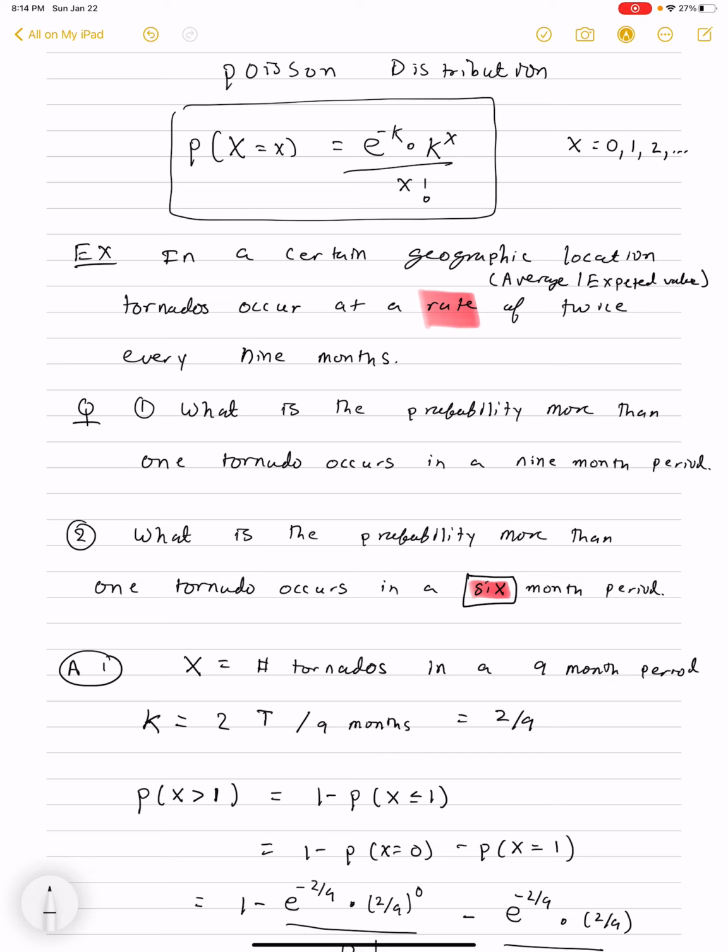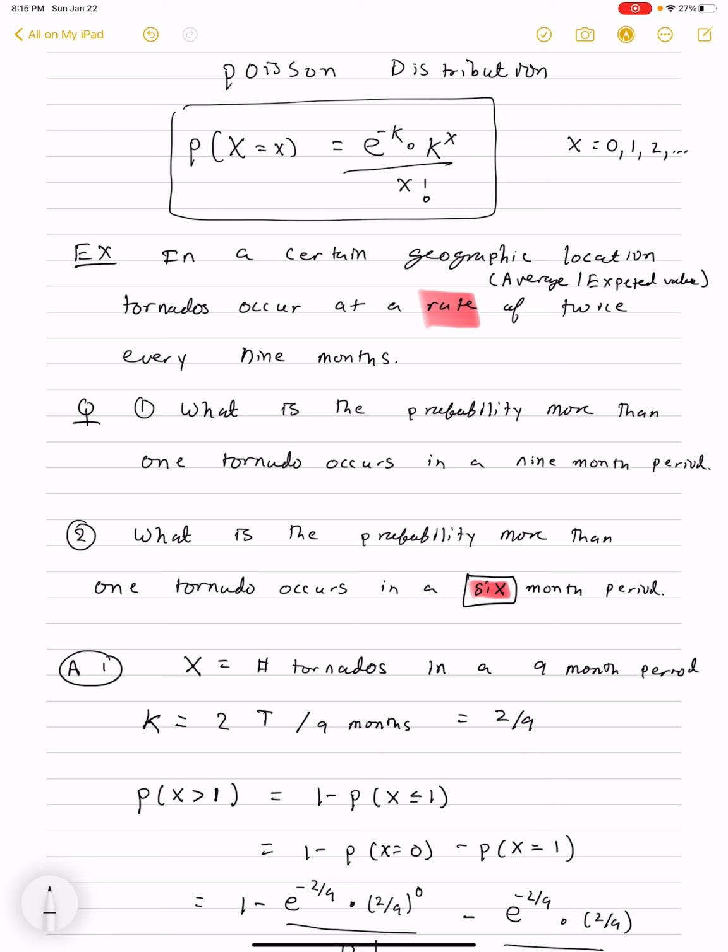The second thing is that it's really important to identify the units or the rate of occurrence that you're asked to calculate the probability of, whether it's 9 months or 6 months. And finally, a key critical component is just writing down the random variable, which can be super useful.